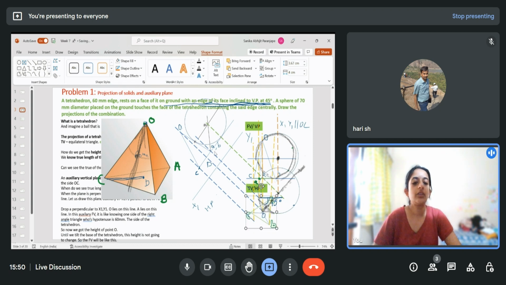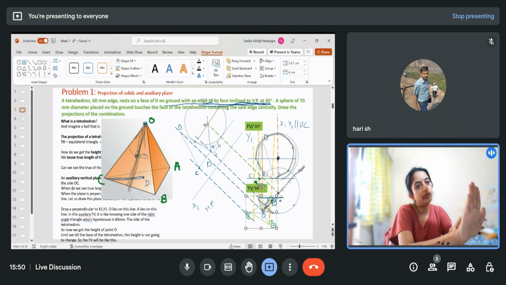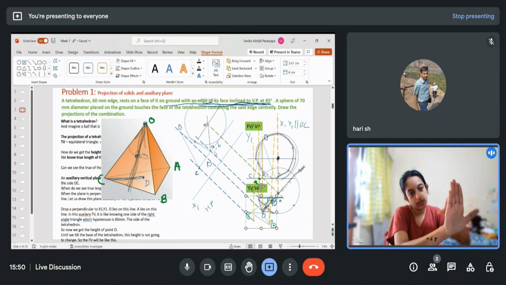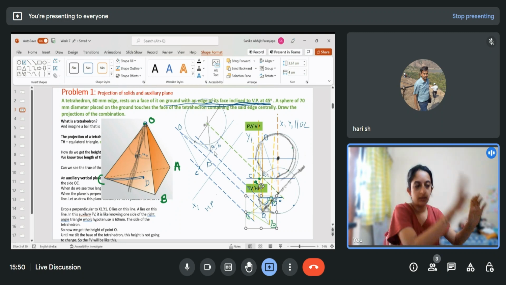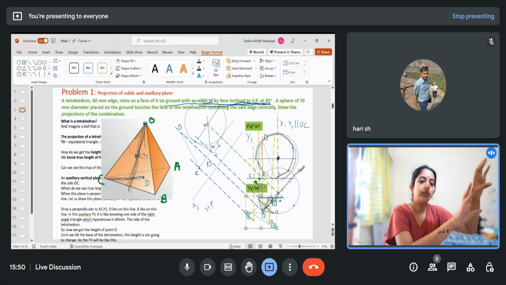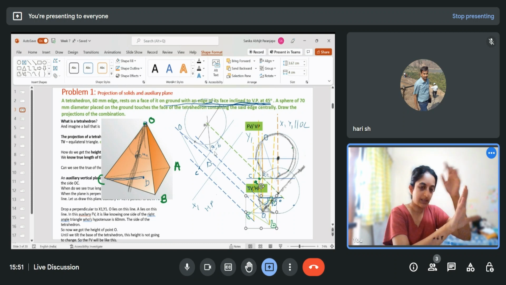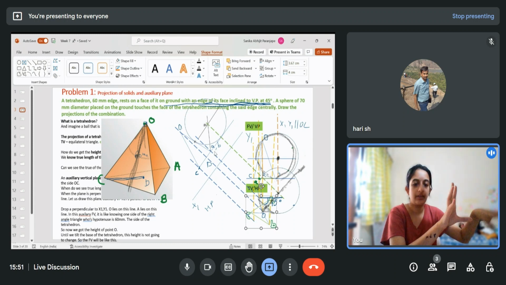So now instead of constructing it here at an angle, the only thing I would have done is construct it in this plane. So I will have one figure where I have it tilted at 45. There will be a second figure where I have OC parallel to the XY plane. Then I get the height. Then in the third figure, I'll have this construction of the circle and everything.